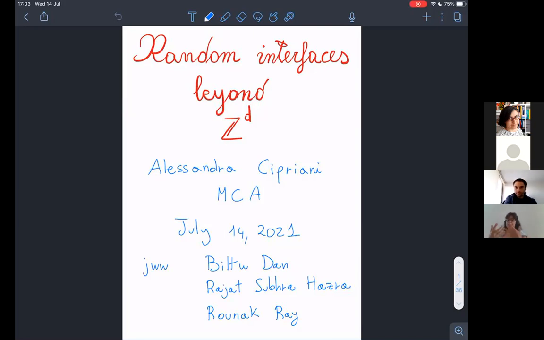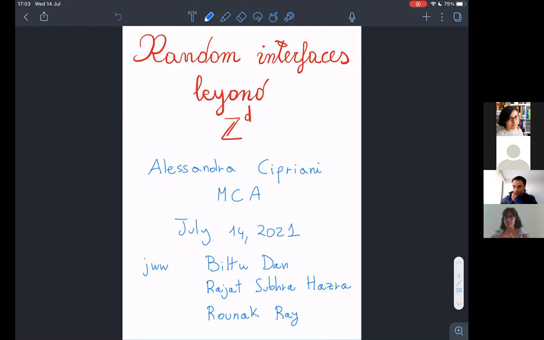We would like to discuss properties of random interfaces, but not in the traditional or standard setting of Euclidean geometry, on the square lattice. We would like to study random interfaces on more general graphs.